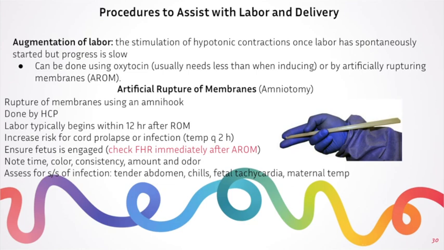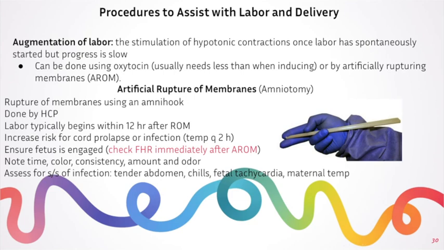This person needs an augmentation, kind of a kickstart to that labor because it slowed down. So you can augment somebody's labor by starting them on Pitocin, okay, or by artificially rupturing their membranes. Now remember, we can't do this as bedside nurses here in California.